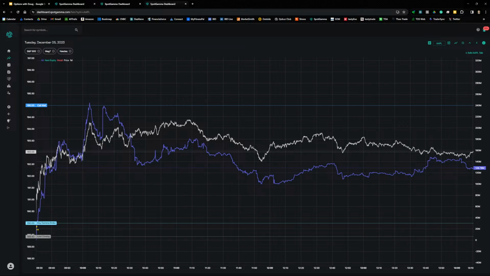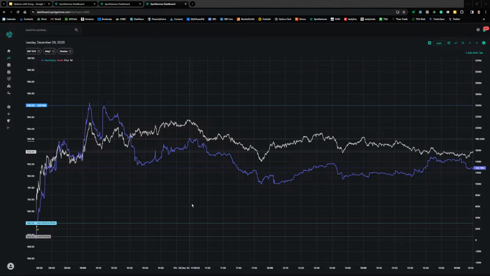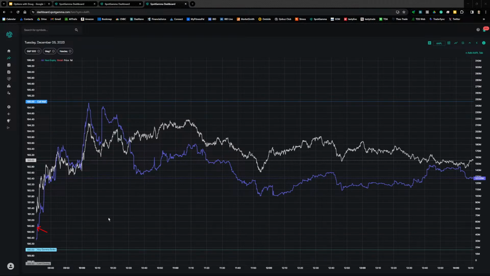So very sharp move higher for Apple in the morning. Note 190, the key gamma strike. It's almost impossible to see, but there's a flow alert, looks like right at the open.